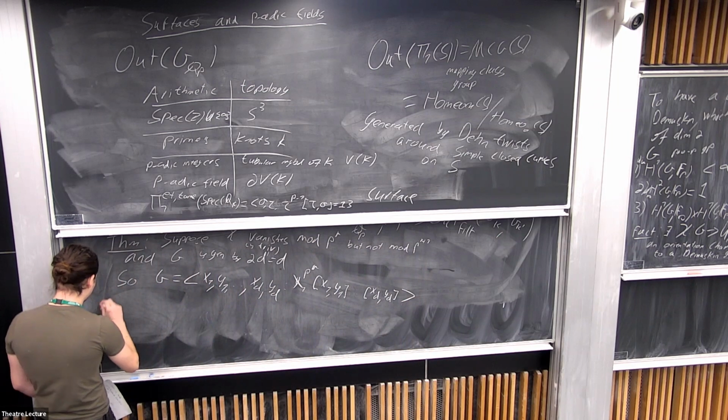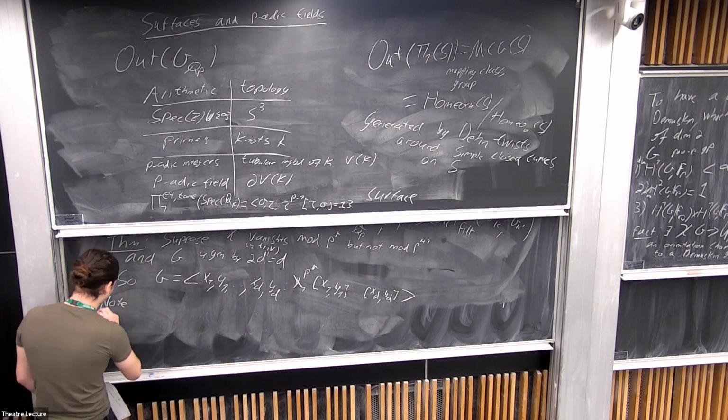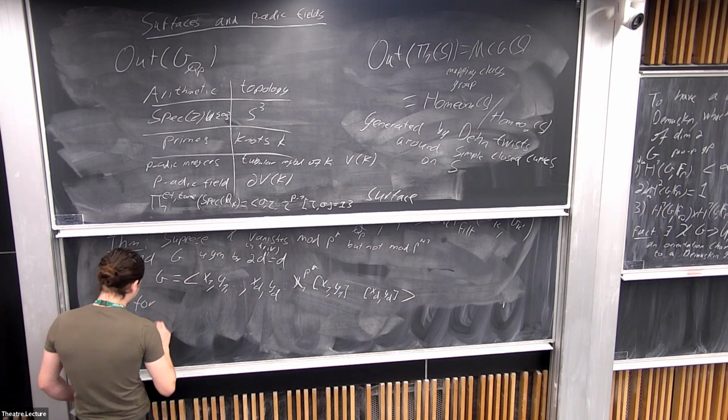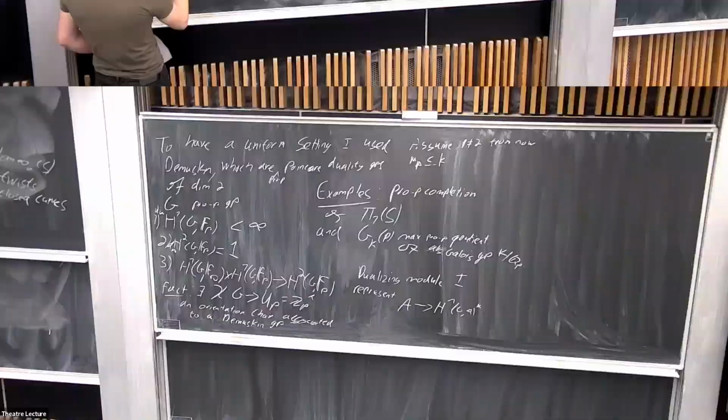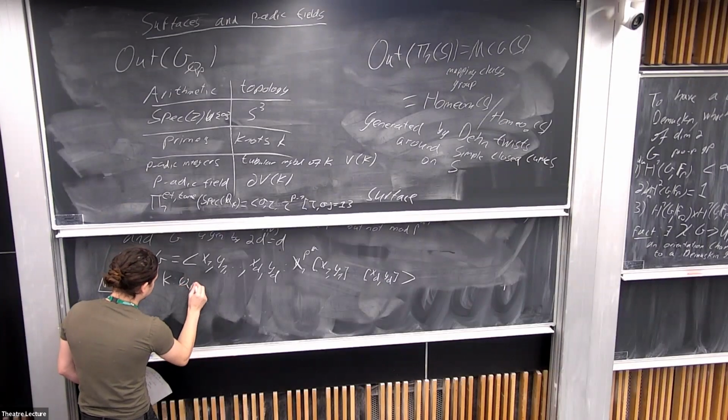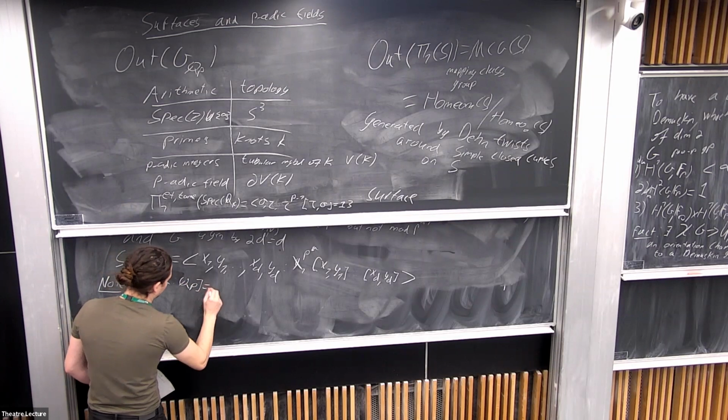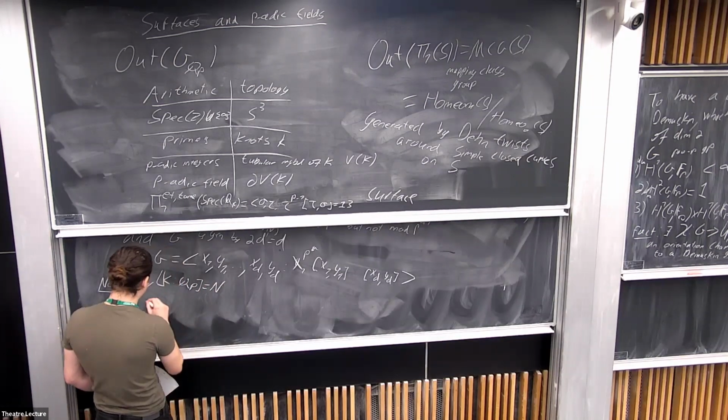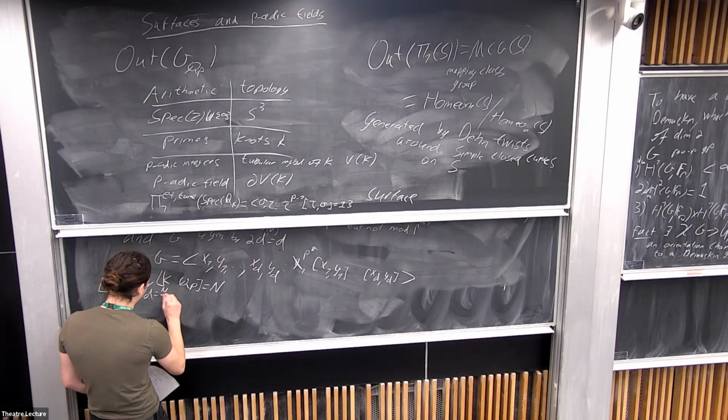Just note, for K being an extension of Q_p of degree n, then V is equal to n over 2 plus 1.